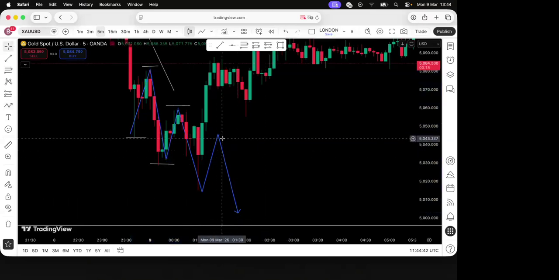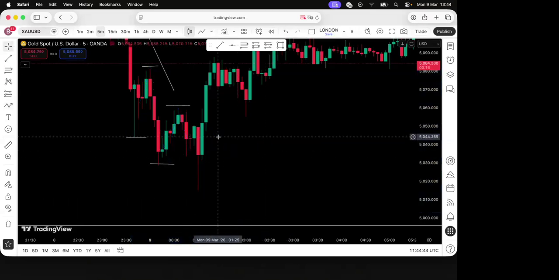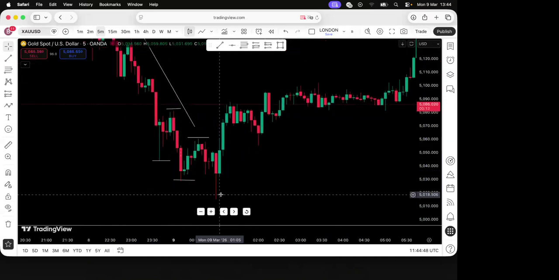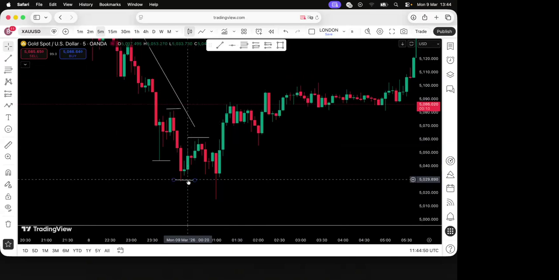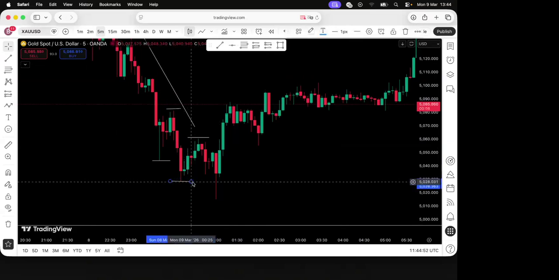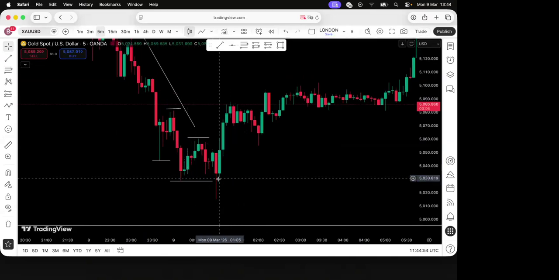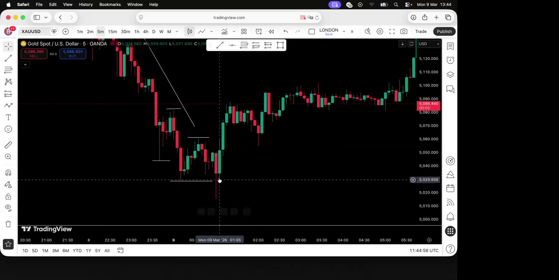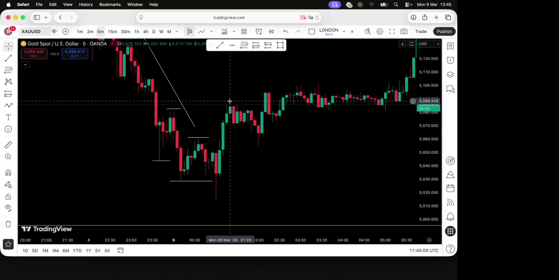But it hasn't. What it's done instead is what we call a liquidity sweep. It has taken these lows and then pushed aggressively to the upside, creating what? A new high.